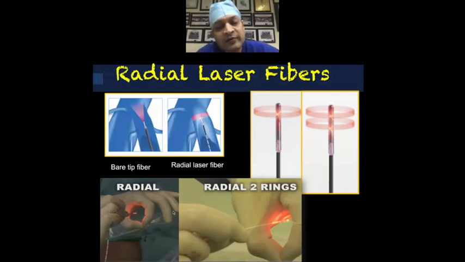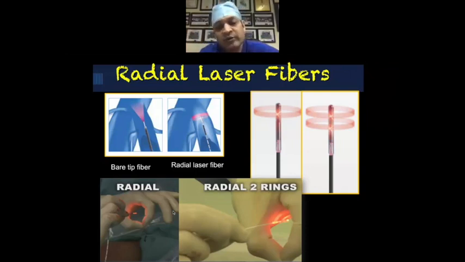Why was the double ring developed? People thought that if we fire the proximal ring, it will cause the vein to spasm, and when the next ring comes over there, it will be much closer to the vein wall and the radial fiber, and it will burn the vein much better.